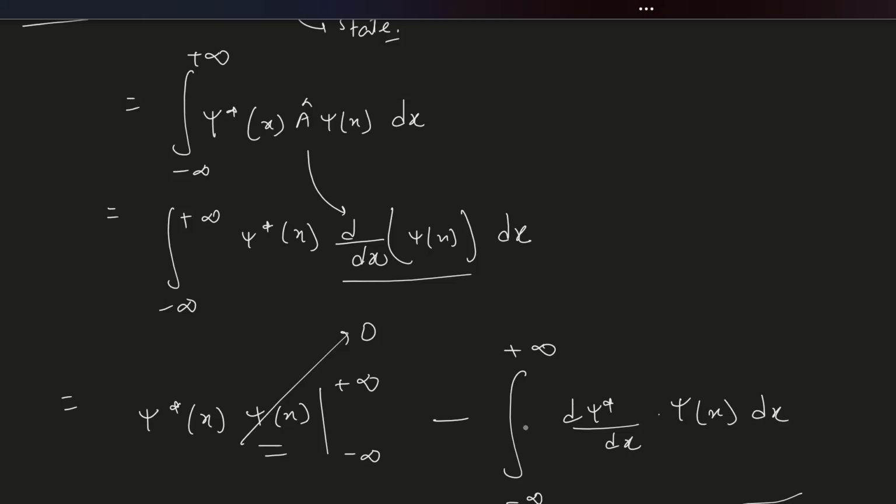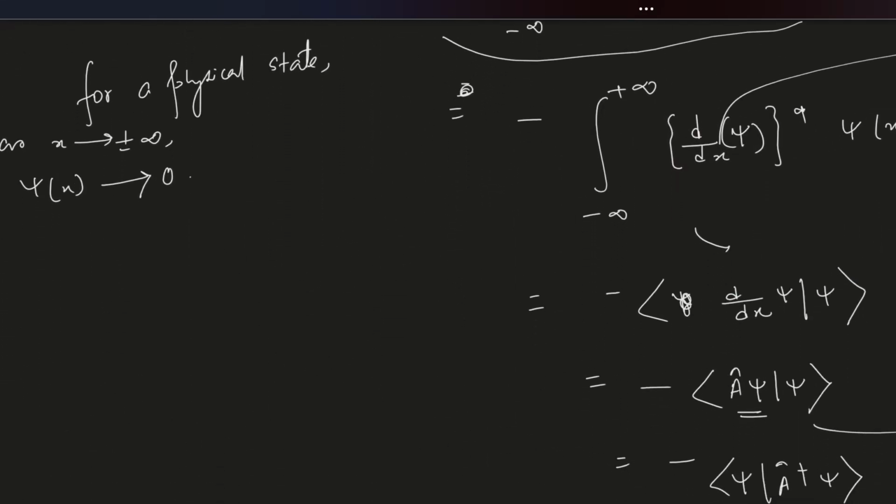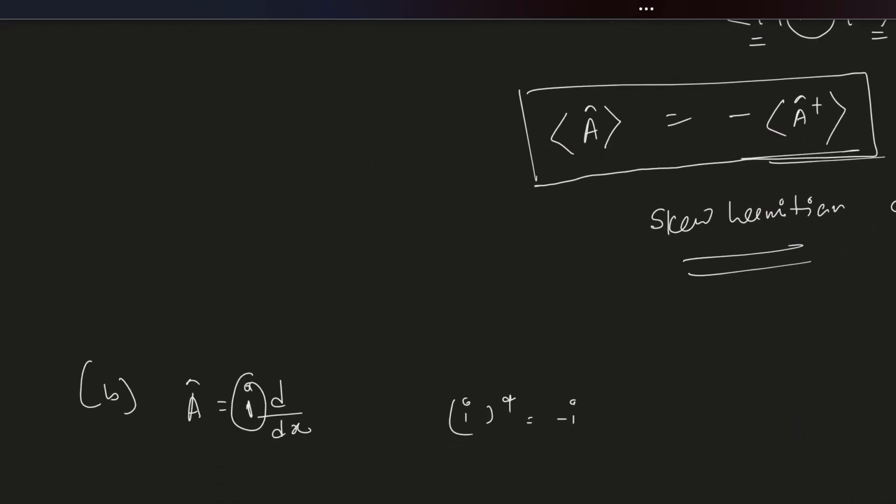Now from this relation, you have A as i d/dx, right? So basically again, let's say on the LHS you have the expectation value, and you have minus to plus infinity psi star i d psi dx.